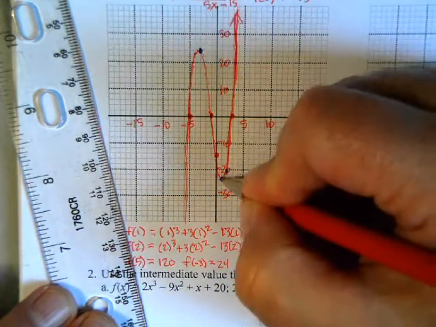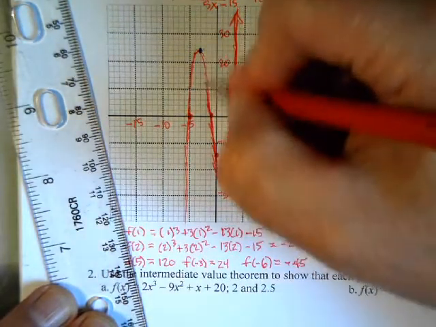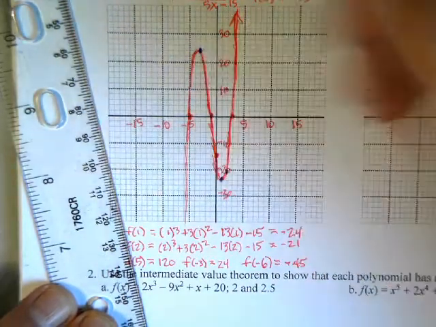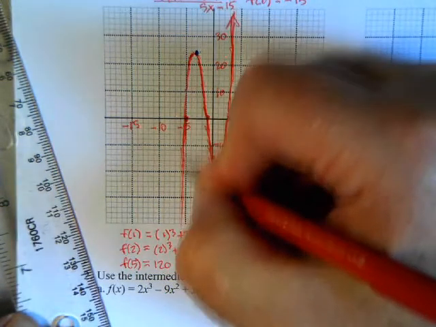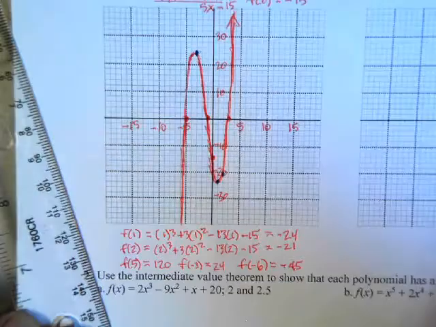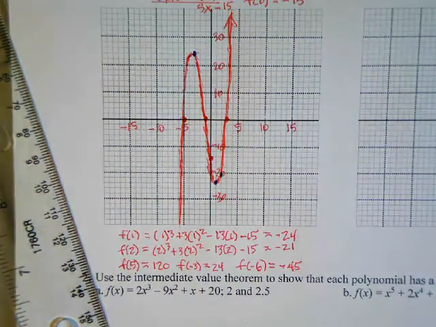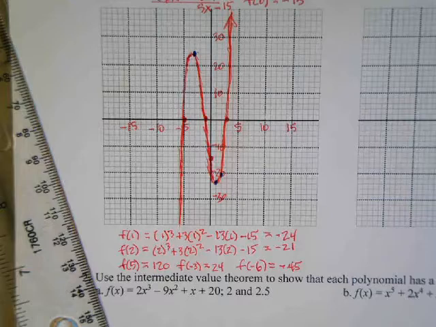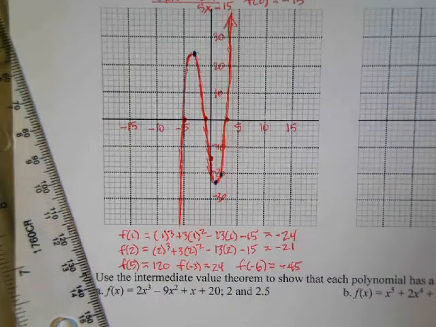And I did a few points. 1, 2, 3, 4, 5. I did 5 extra points after I got my zeros and my y-intercept. But that's a pretty complicated graph that I was able to sketch out pretty close with only the 5 points. And so that's part of the idea behind this, is using the patterns for what has to happen when you have zeros.